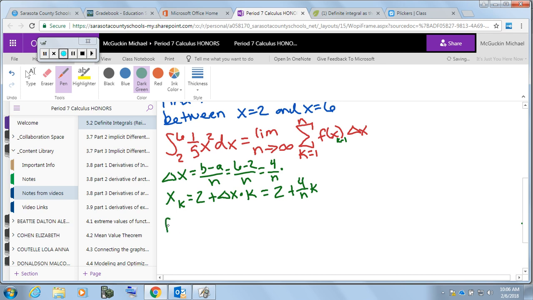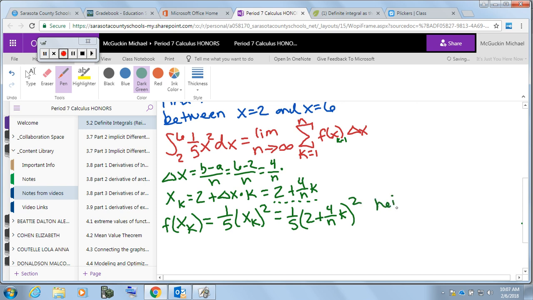I need to find out what f of x sub k is going to be in this particular case. That is going to be 1 over 5 times x sub k quantity squared. I already have a value for x sub k, so that is 1/5 multiplied by 2 plus 4 over n times k quantity squared. This represents the height of my rectangles.